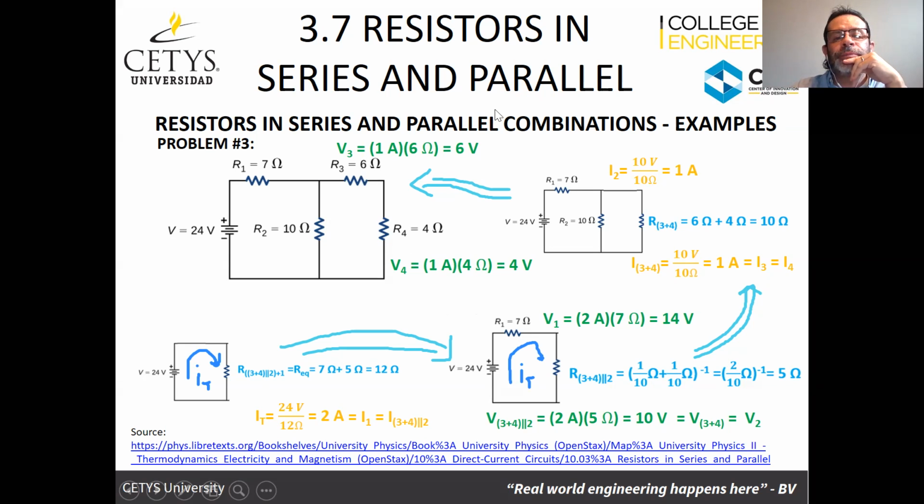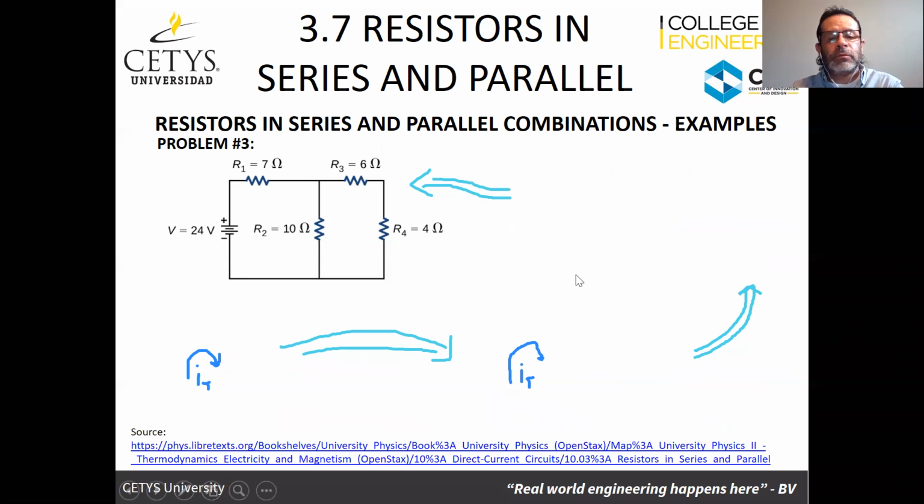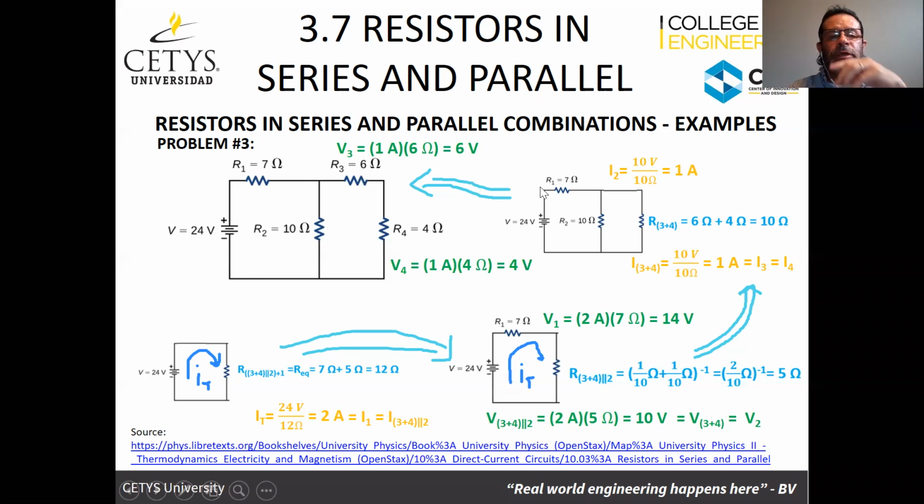So we've got these two. By this way, now we've got the voltages and currents for each of the components of the circuit by going back.